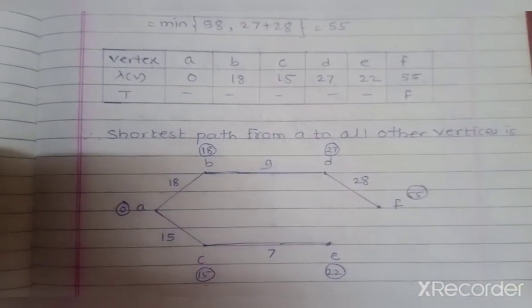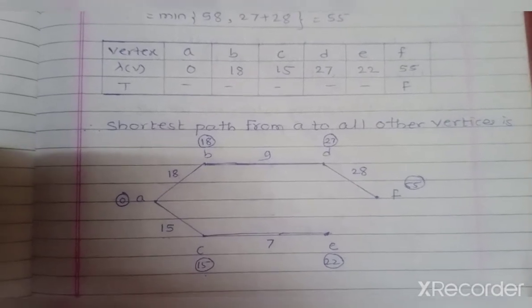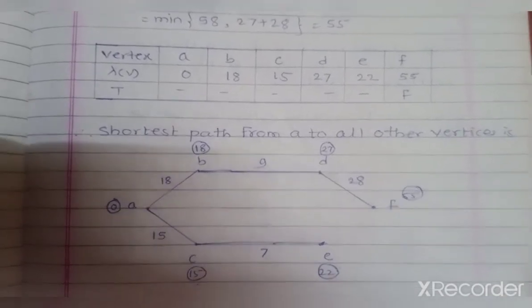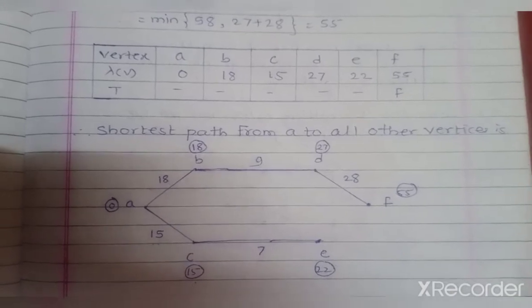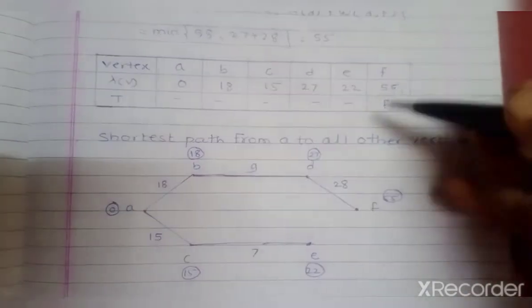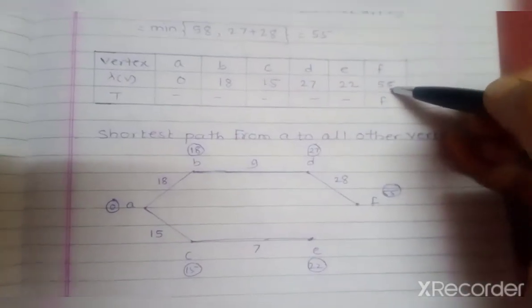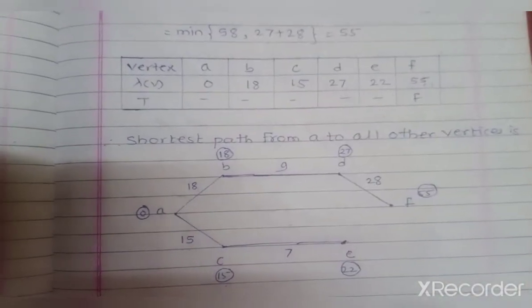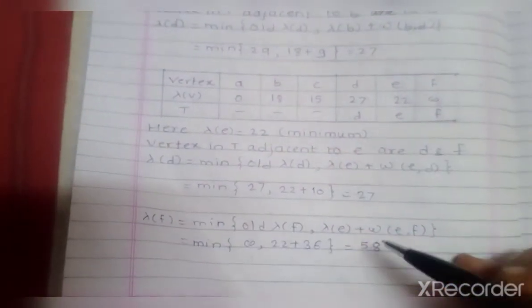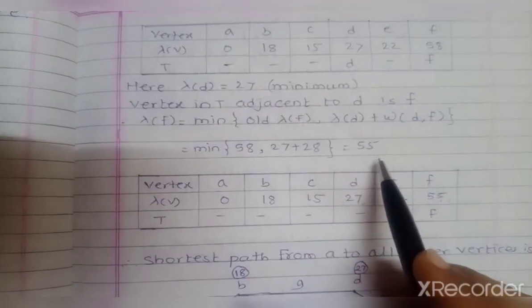Next minimum weight remains only F. Its lambda of F is 55. So check on which level we get lambda of F as 55. Here this lambda of F is 58, and here lambda of F is 55.